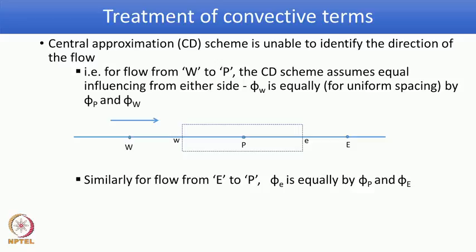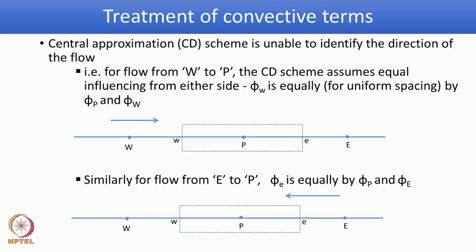Similarly, if the flow is from right to left, it takes the corresponding neighboring nodes and gives equal weightage, that is for the uniform mesh. If it is a non-uniform mesh, then you take appropriate weightage. It does not factor in the flow direction.